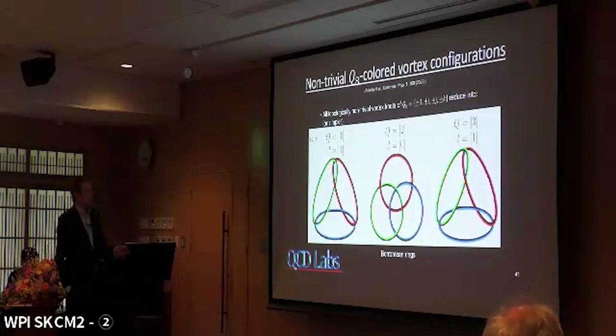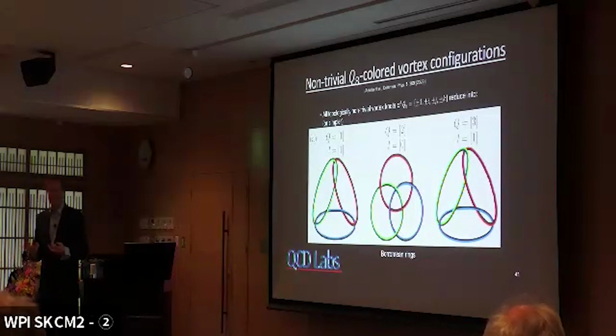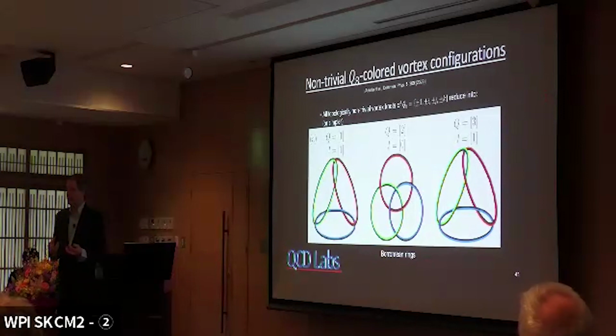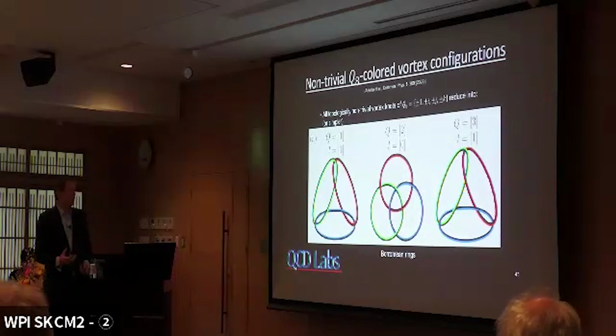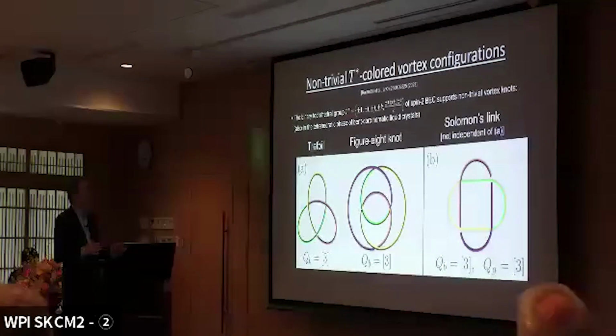For example, Borromean rings, as you can see. So basically no knots are topologically protected in this system, only these linked structures.